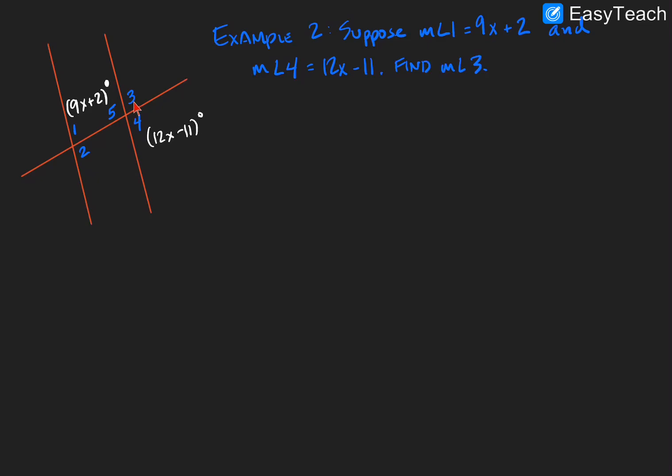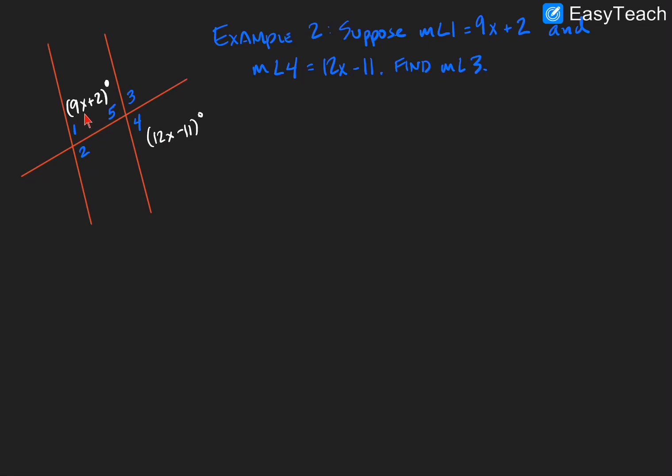I can also think about the fact that angles 3 and 1 are corresponding angles, and they should therefore be congruent. So really, if I can find the measure of any angle, 1, 4, or 5, then I can use that information to figure out the measure of angle 3. But to find the measure of any of those angles, I first need to figure out what x would be.